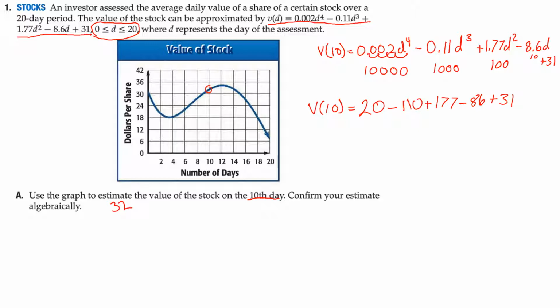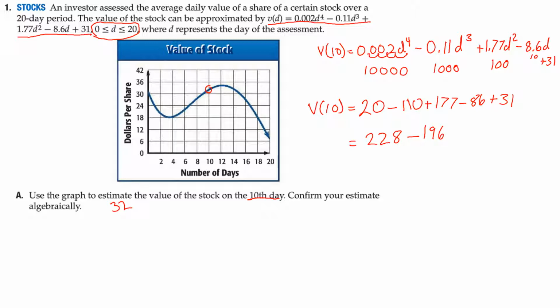So I'm going to start by adding up all of my positive values. 177 plus 31 is 208. Plus 20 will give me 228 minus. Okay, now I'm going to put my negatives together. So I've got 110 and 86, so that's 196.